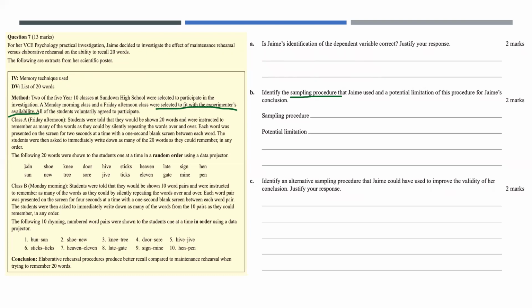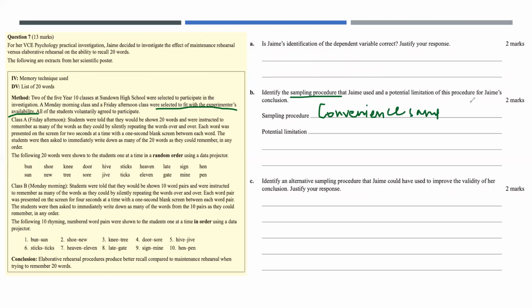That's a clue that we're looking at easy access to these participants, accessibility. So that's why convenience sampling is the best answer. All we write in this box is convenience sampling. That's the 1 mark there.